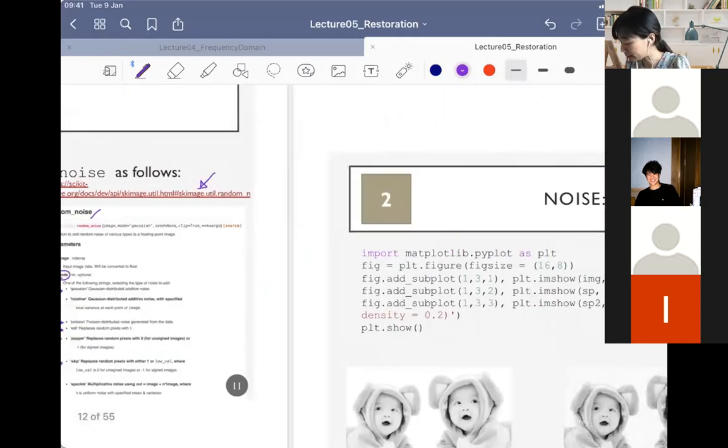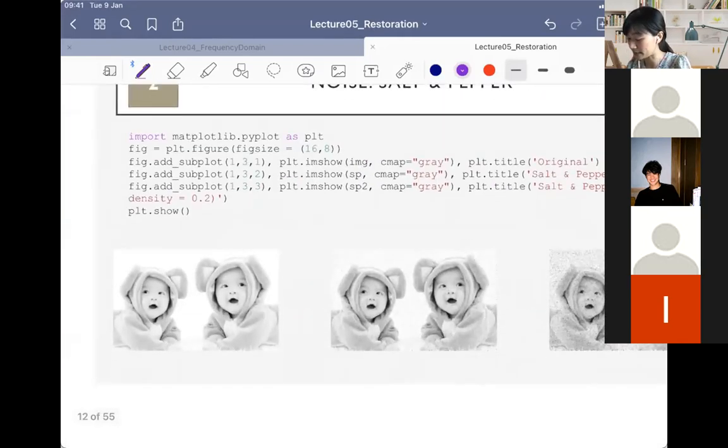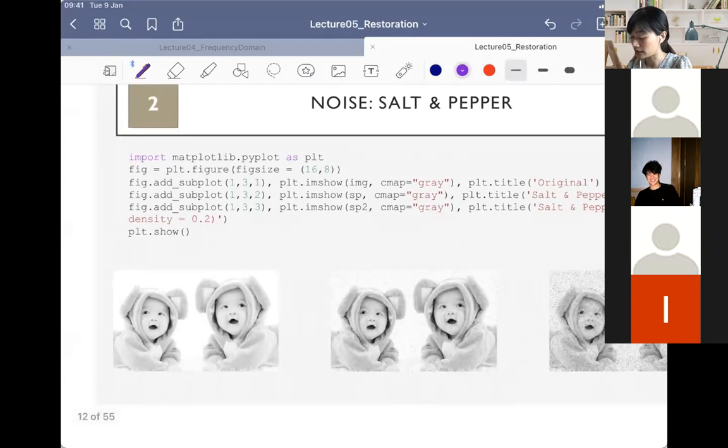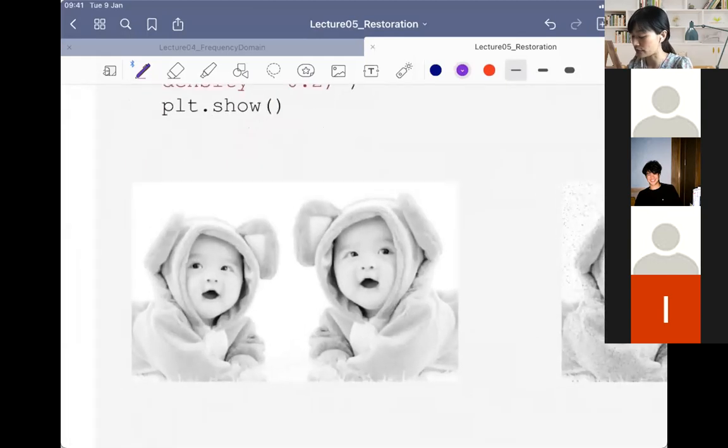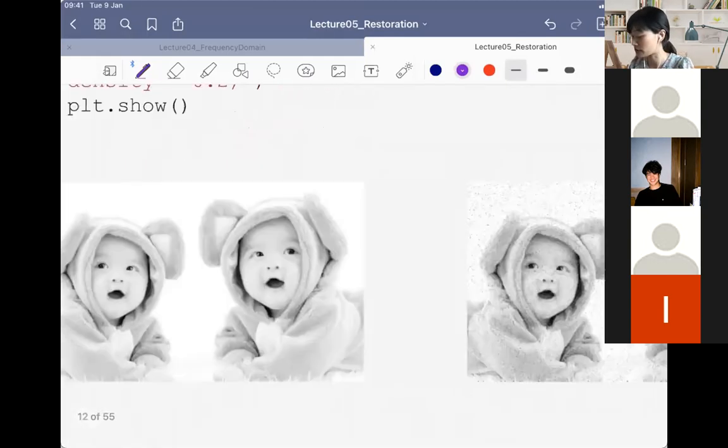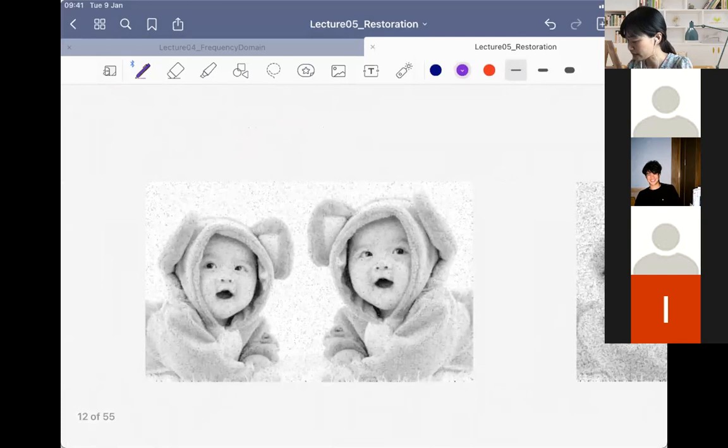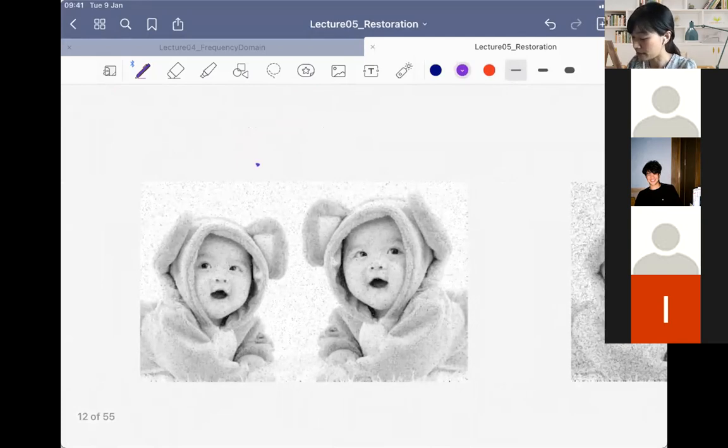So let's take a look at some images that have been affected by salt and pepper noise. This one is the original image, the twins image. And this one has been affected by salt and pepper noise. I think the density is the default value, 0.05, so it's about 5%.